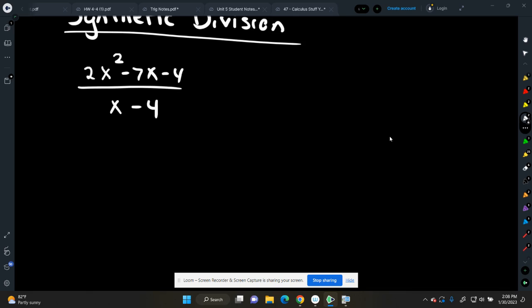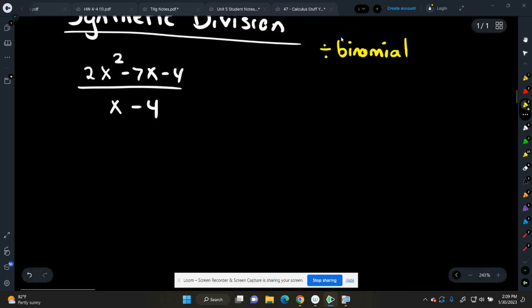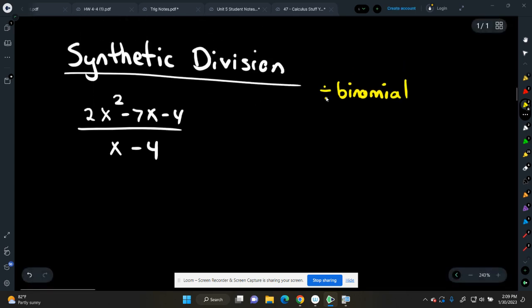Synthetic division you cannot. It only works for certain things. Synthetic division only works when we're dividing by a binomial. What's a binomial? Two terms. So when we're talking about synthetic division, it has to be 2 terms. So this x minus 4, that's a binomial.